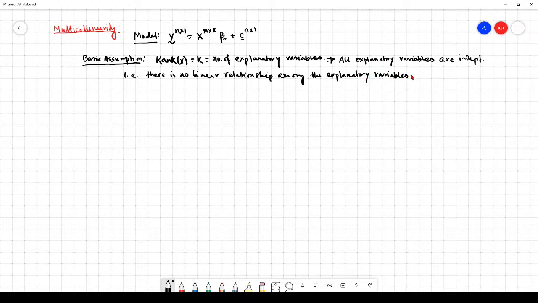So this is termed as the explanatory variables are orthogonal.